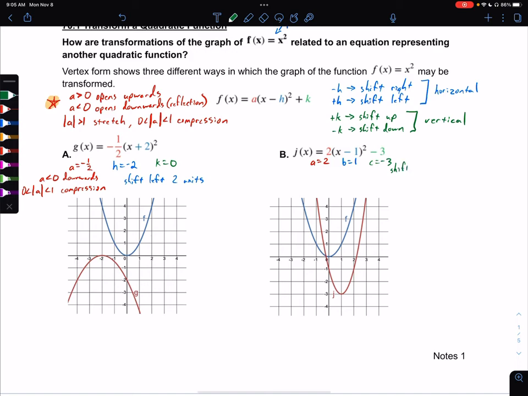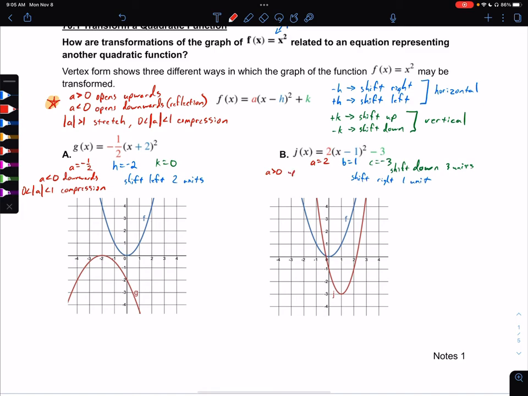So this will be a shift down 3 units. The H value, that 1, we're subtracting 1, so that is a shift. Again, be careful with your H values. That is a shift right 1 unit.